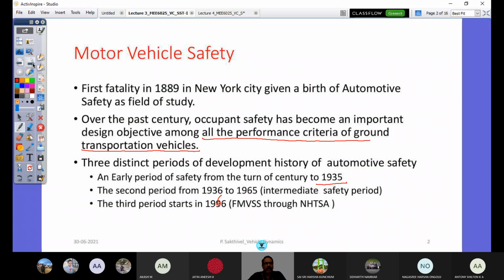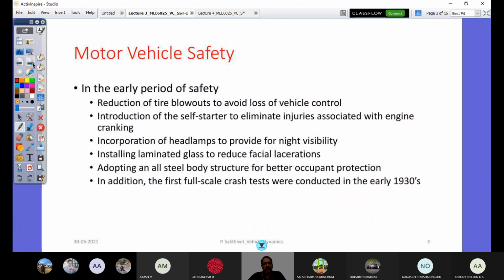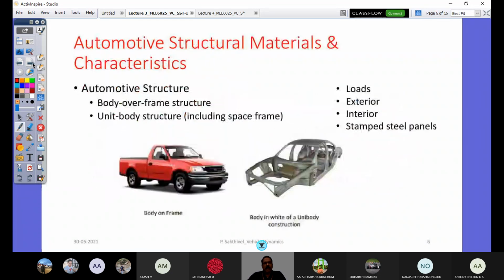So this is what we began with in the last class, and we looked at the development in individual periods, and also at the type of designs of the vehicle body structure for different load requirements, exterior and interior requirements, and so on.